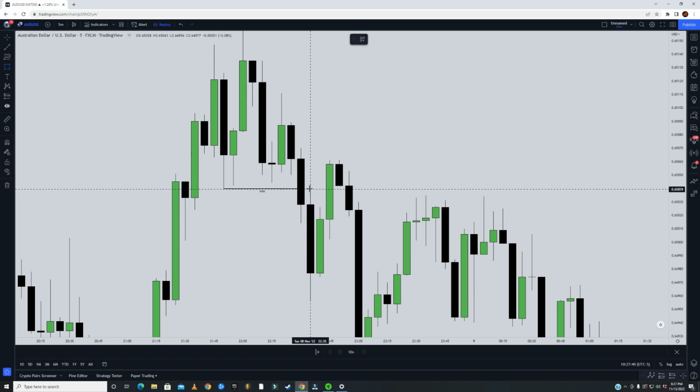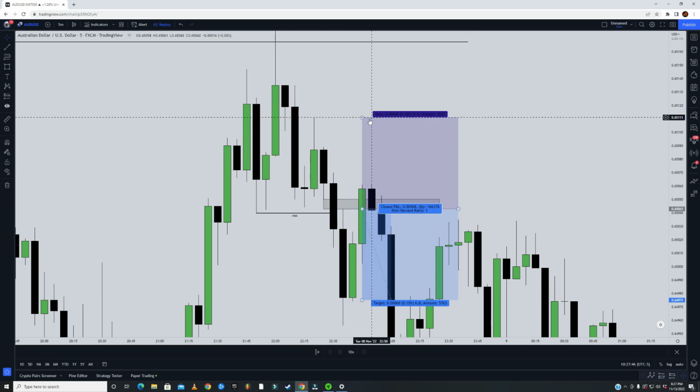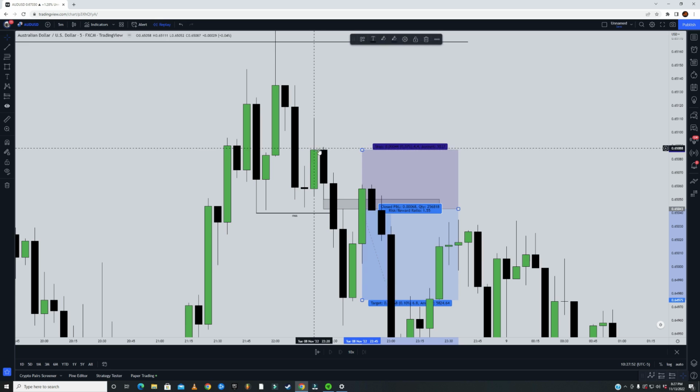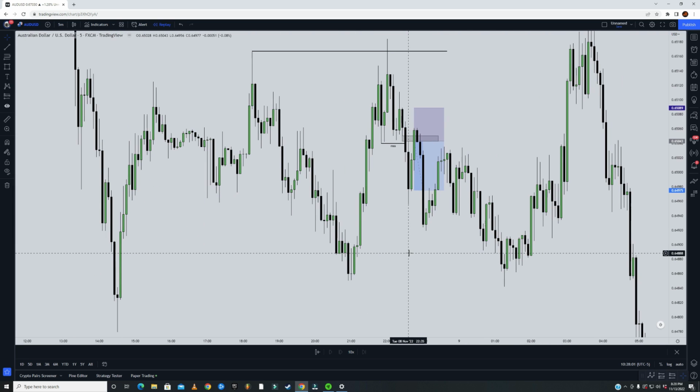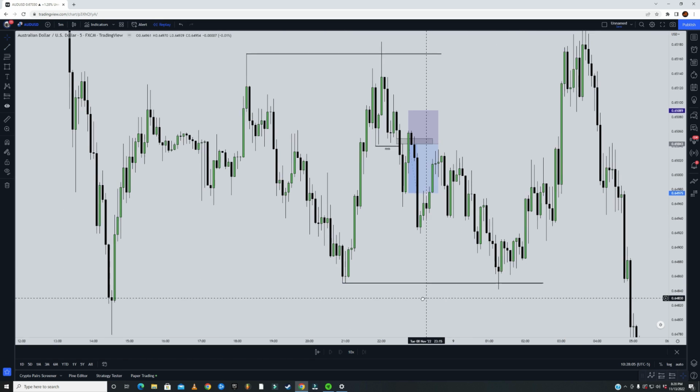So if I mark the fair value gap right here, and I take my entry, now where to put your stop loss, you could either put it at the high, or you could put it at the body of the candle, okay? A little higher would be fine. And what is your take profit level? The low of the B leg. So this is the low of the B leg, right?